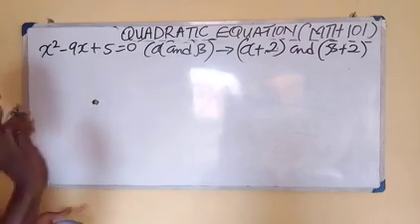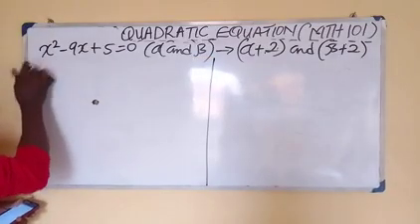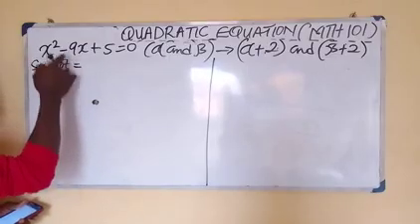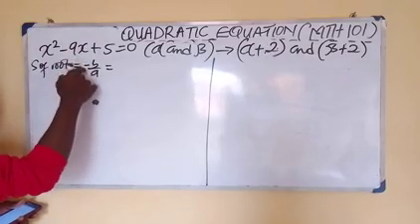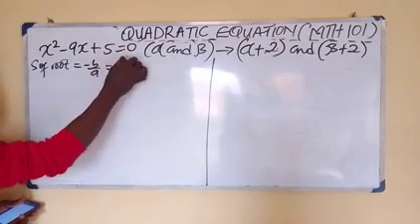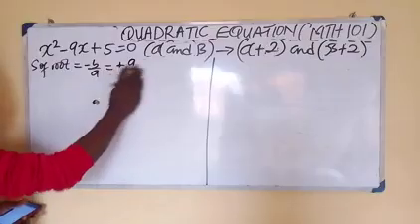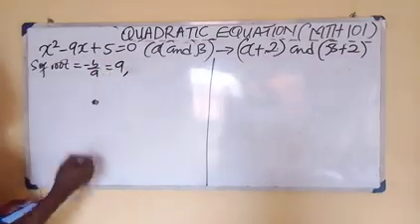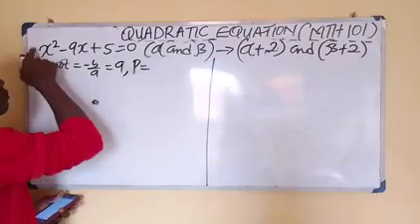So in doing that, this is what we are going to do. The first step, normally, you have the sum of roots. Don't forget it's minus b over a. So minus times minus is plus. So 9 over 1. That is the invisible one here. So I just write 9. Alright, that is the sum. Then the product of the roots, you know what to do. That is 5 over 1.